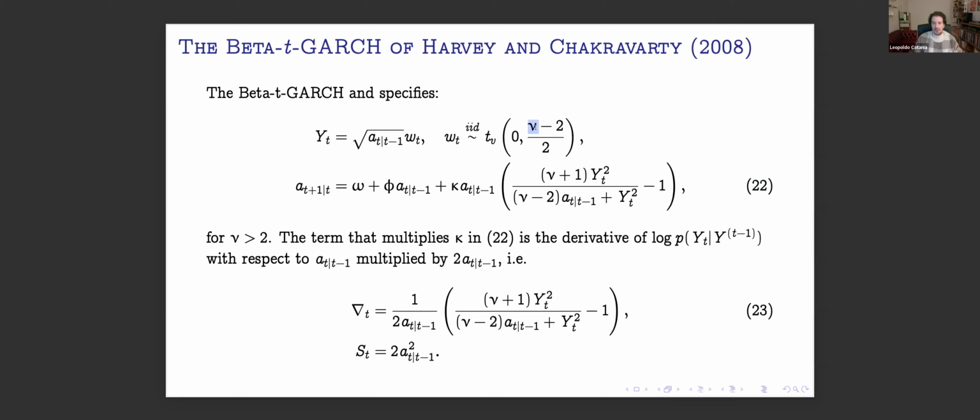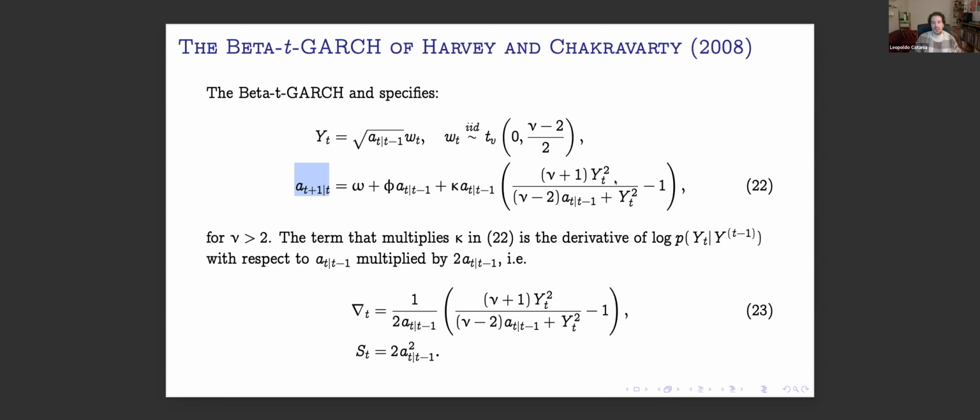However, when the degrees of freedom parameter is finite, then this quantity here is bounded almost surely. And so even if we observe very large realizations of y_t, which are usually financial returns that can be very crazy sometimes, the response of the conditional volatility to these very large returns is bounded. So this is why we would like to estimate a model like this one.